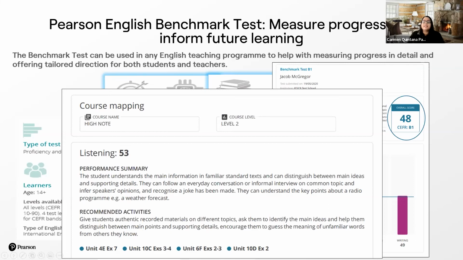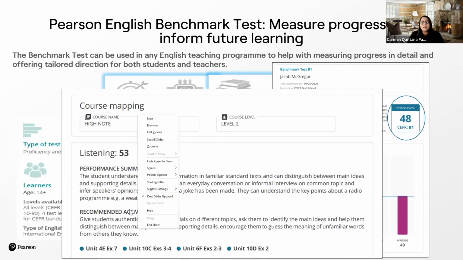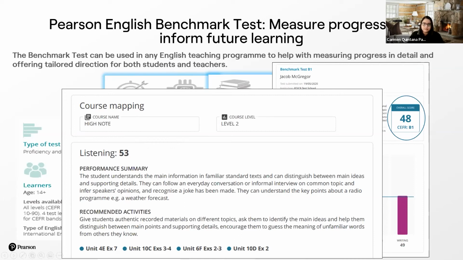These are a selection of units and activities that can help improve the performance at this particular skill.